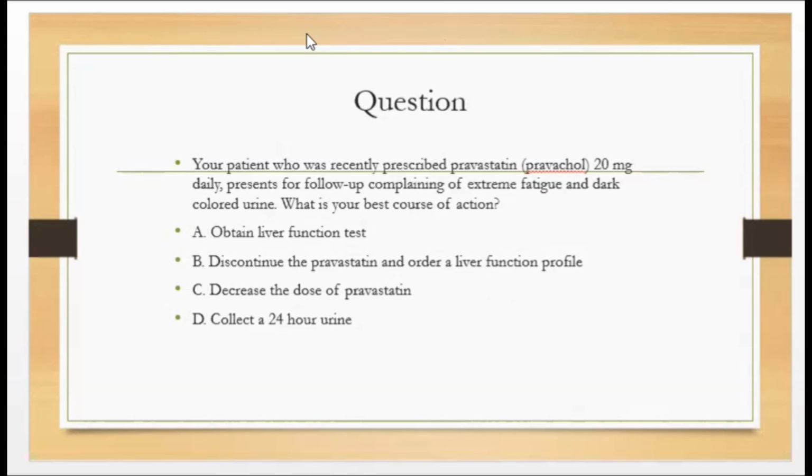That is the buzzword. You see that word, extreme fatigue, dark colored urine. So do you discontinue the medication and order a liver function profile? Or do you obtain a liver function profile? Or do you decrease the dose or collect a 24-hour urine? Discontinue.